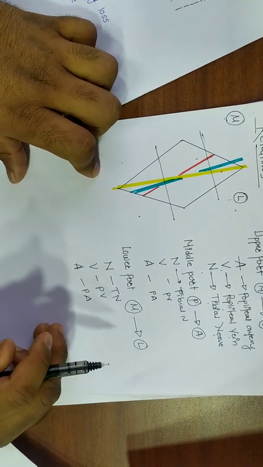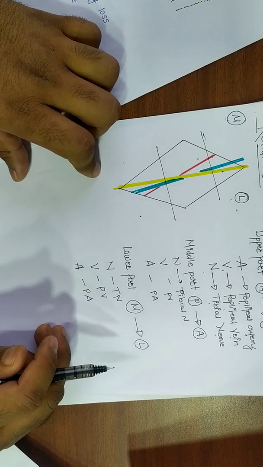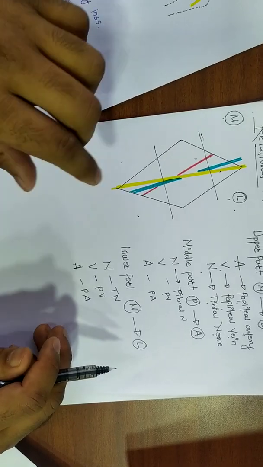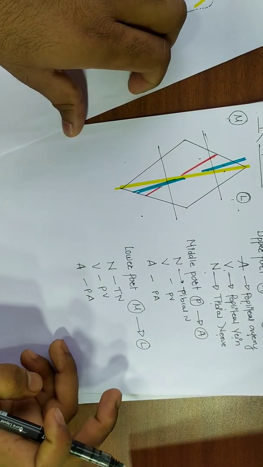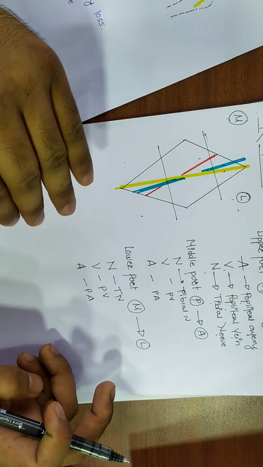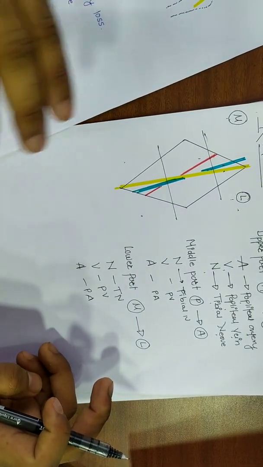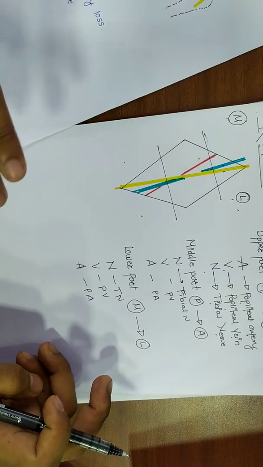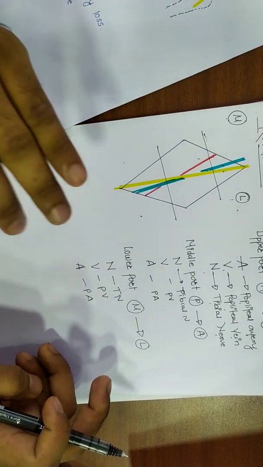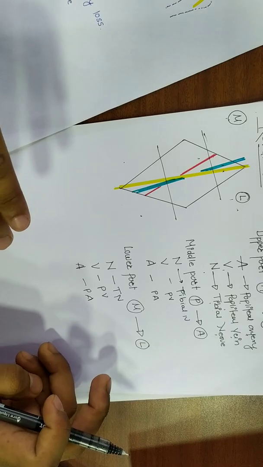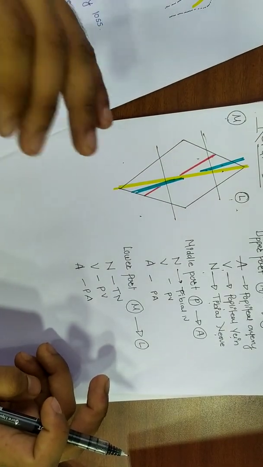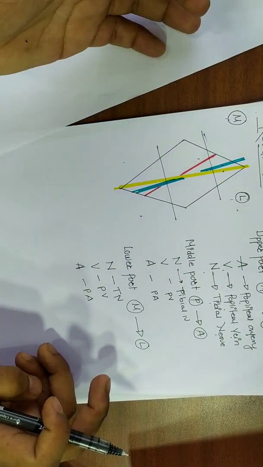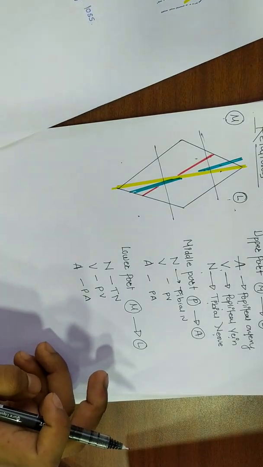So these are the relations. We can easily remember them: in the upper part it is AVN, in the middle part NVA, and in the lower part also NVA. The difference is only in the upper part: artery, vein, nerve. In the middle and lower parts: nerve, vein, artery.